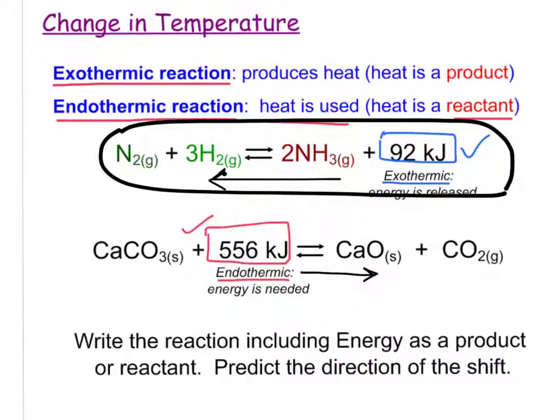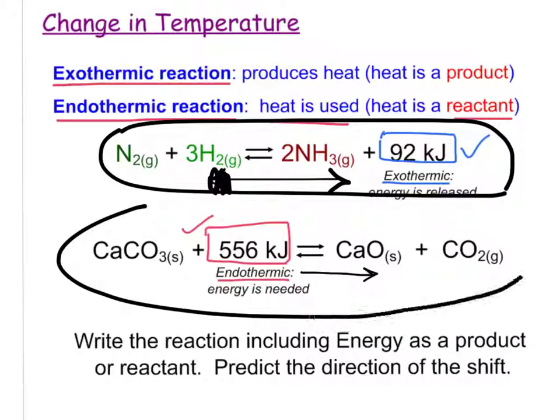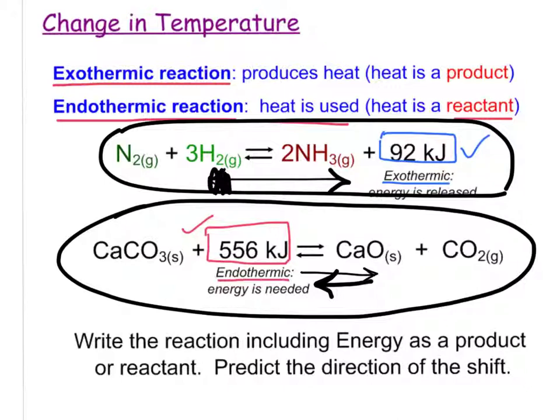Instead of going to the left, the reaction will shift to the right, not to the left, right? If we cool it down. And on the bottom, for our endothermic reaction, if we cool that down, it will do the opposite. It will shift to the left because we're taking energy away. We're removing some of this. So it will shift the reaction to the left.